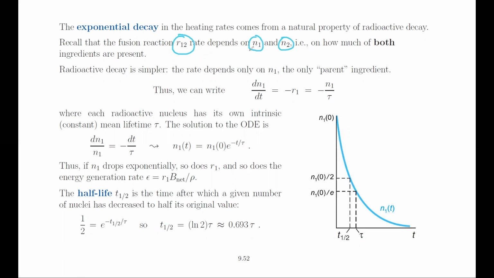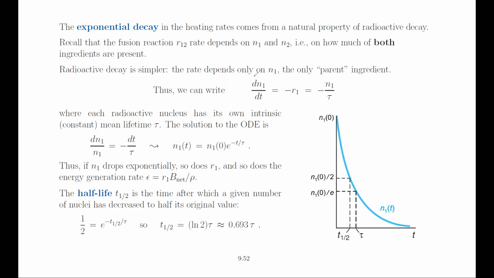And if you double the amount of species 1 or double the amount of species 2, you'll get double the amount of reactions. That's what the rate measures. So that's nice. Here we're actually in a simpler case because it's a single species that's breaking up into multiple ones. So the rate only depends on how many of the single parent ingredient are there at the beginning.